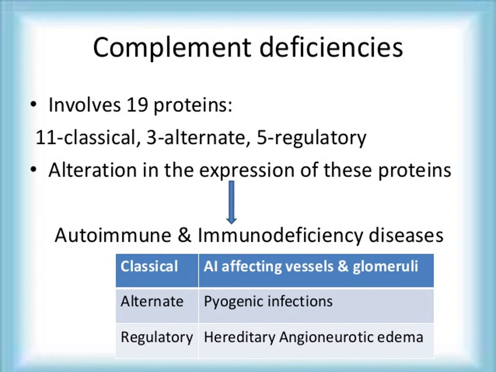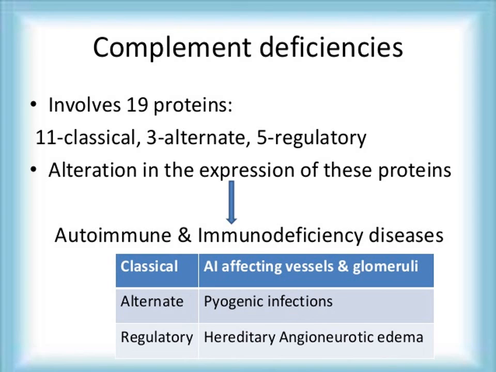All 3 pathways are affected. If the classical complement pathway is defective, it affects the vessels and glomeruli. Alternative complement pathway protein deficiency results in pyogenic or bacterial infections. And regulatory protein deficiency results in hereditary angioneurotic edema.